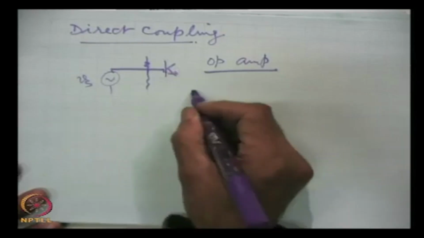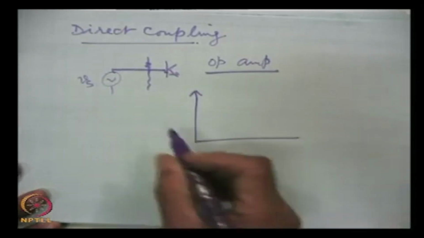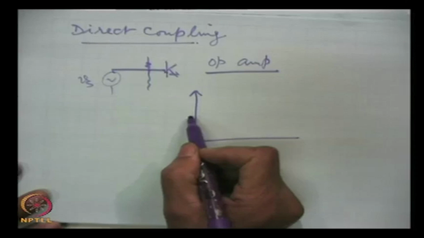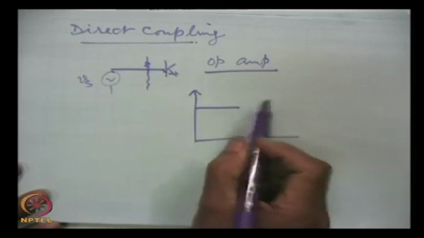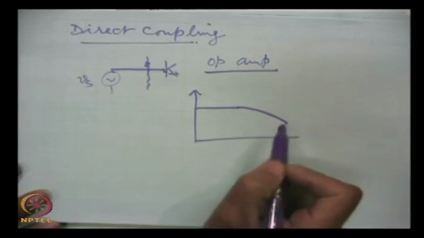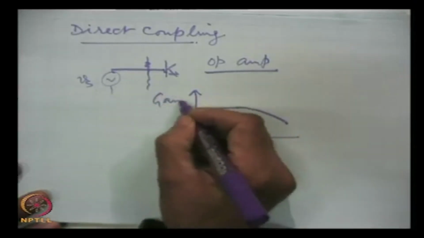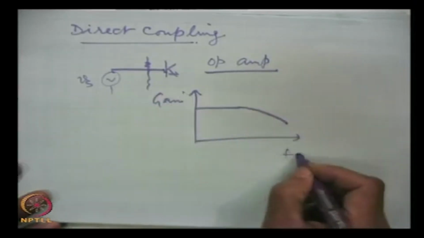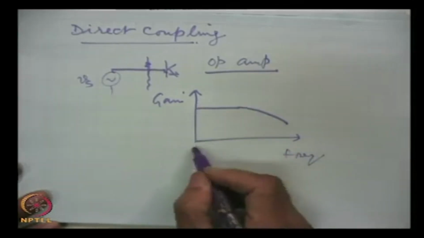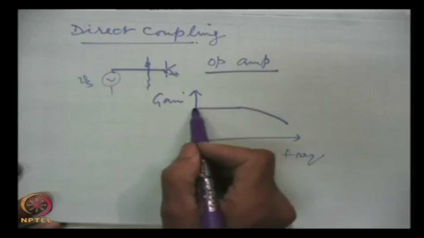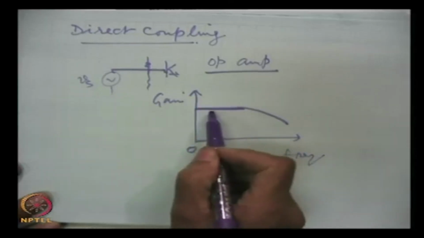So, the response for direct coupled amplifiers will have no lower cutoff, but there is an upper cutoff. For this gain versus frequency graph, there is no lower cutoff; we start from zero frequency and still the gain will be there.